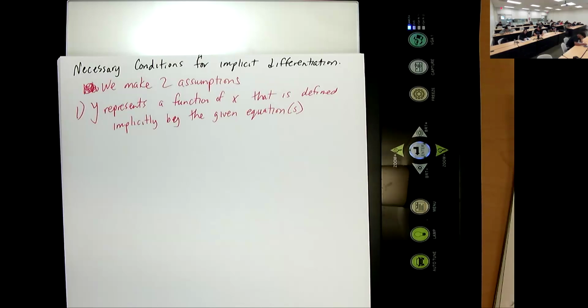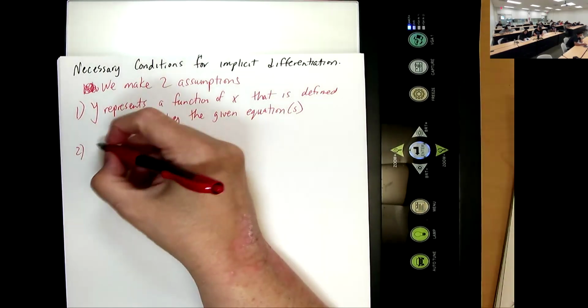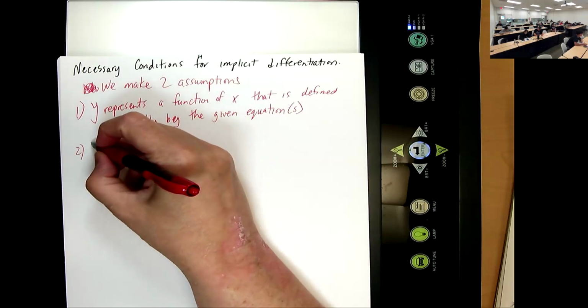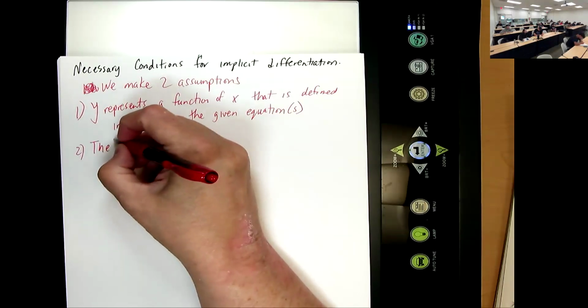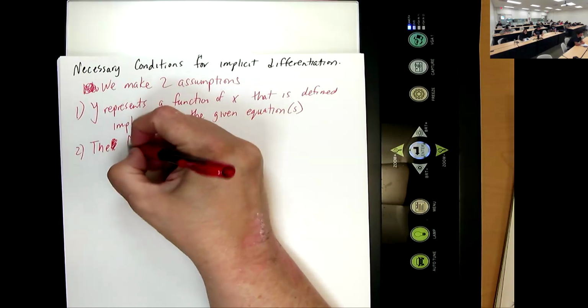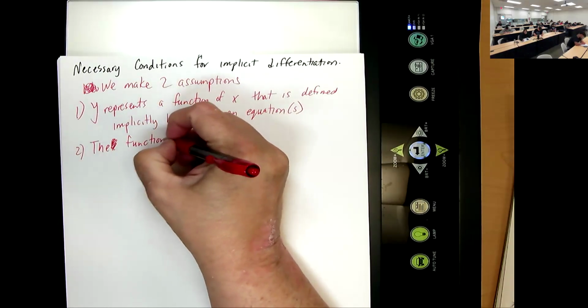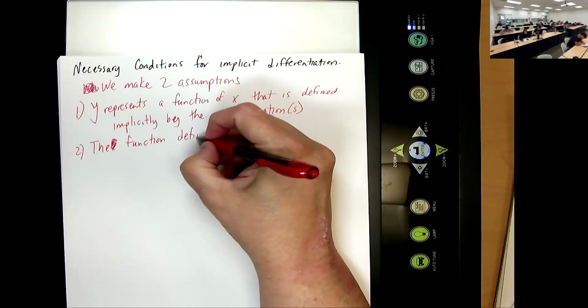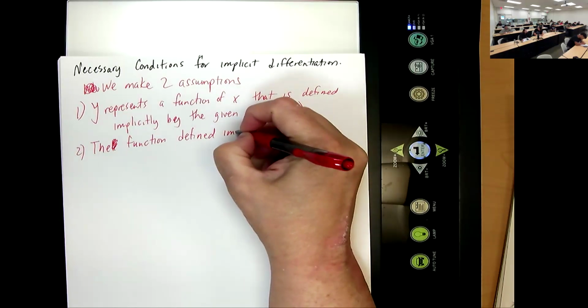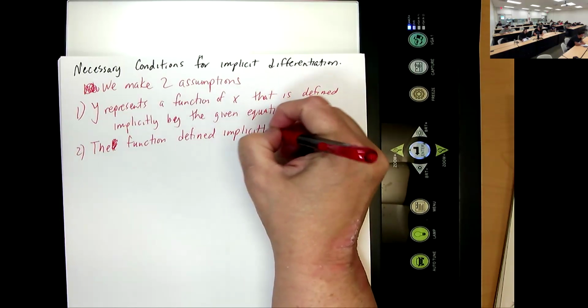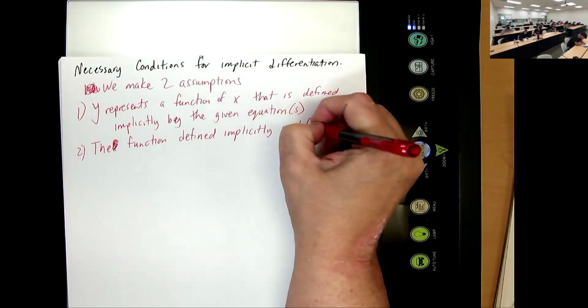And 2, the function defined implicitly is differentiable.